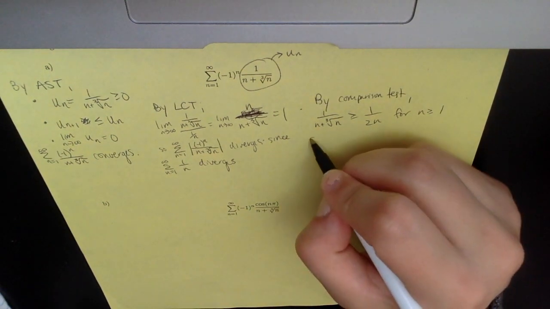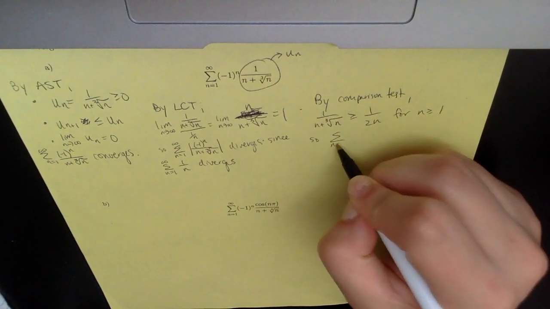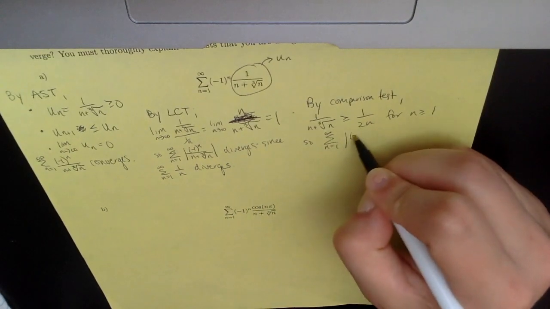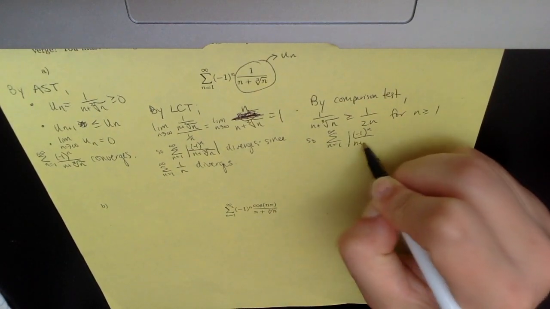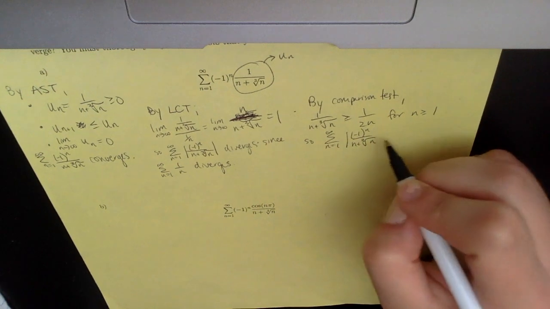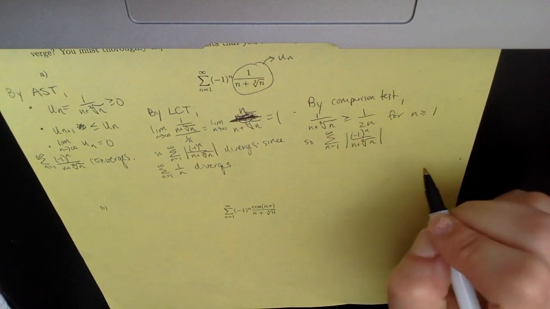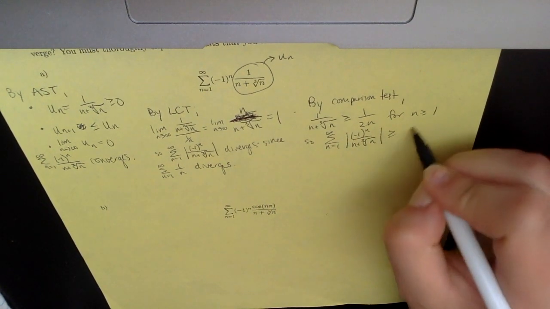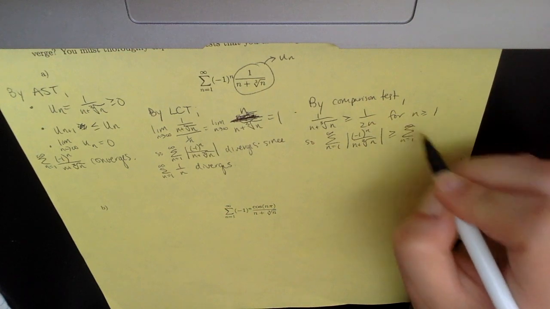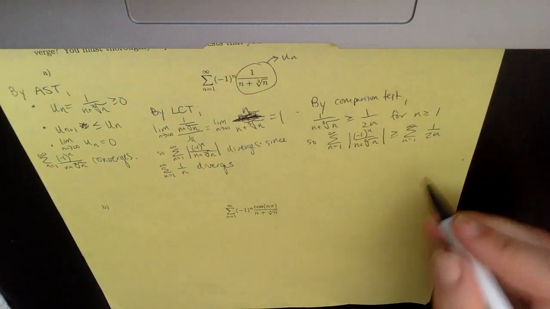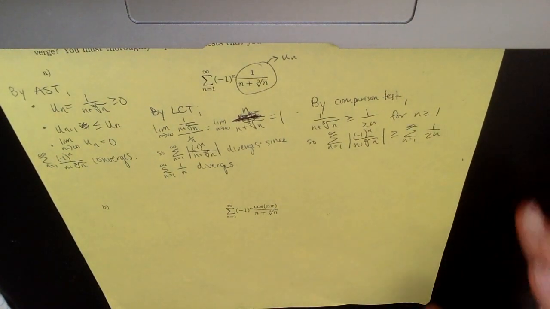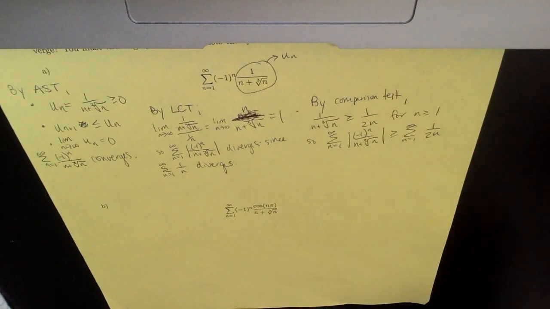So that tells us that our series, the absolute value of negative 1 to the n over n plus cube root of n, is greater than or equal to the series 1 over 2n, which diverges because it's some multiple of the harmonic series.